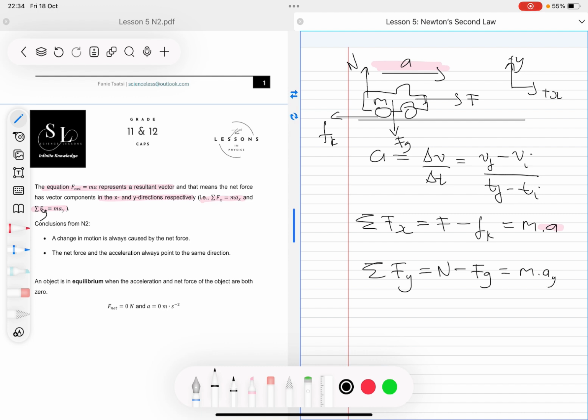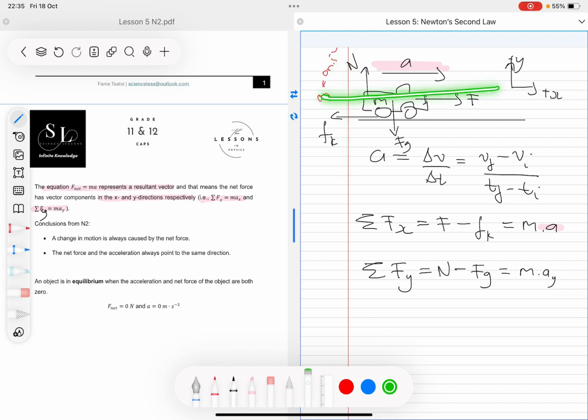Now, it is important to note that we actually do not have acceleration in the y direction. It is 0 meters per second squared. In fact, I shouldn't even draw the arrow there because there is no magnitude. The reason is that this object does not go up or down. It does not move in the y direction.